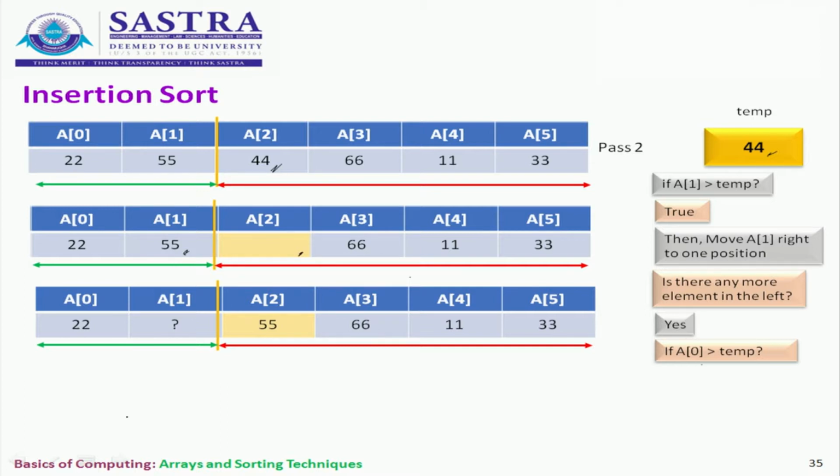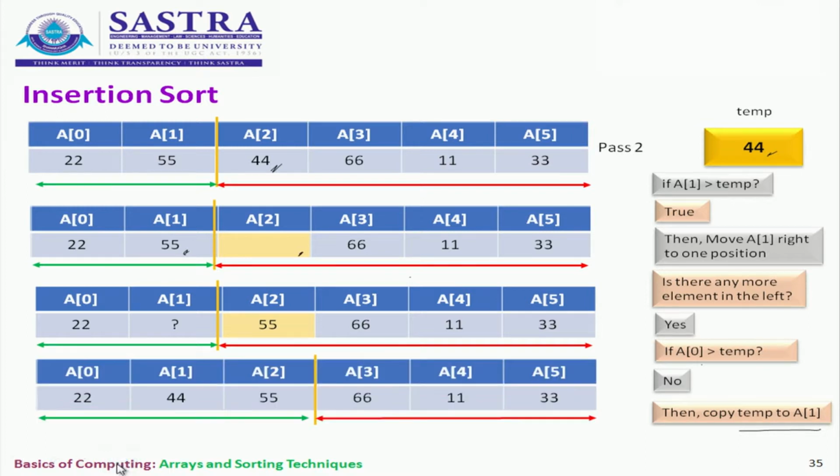So here the temporary variable is greater than a of 0. So we need not go for a right shift; we have to place the temp variable in a of 1. That is what we do. As a of 0 is not greater, we are copying the temp value to a of 1.